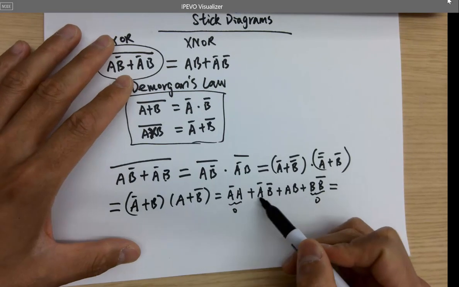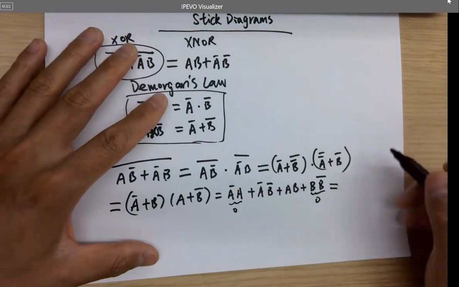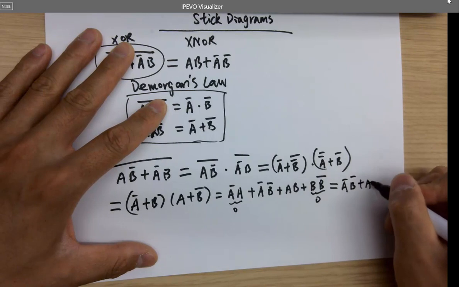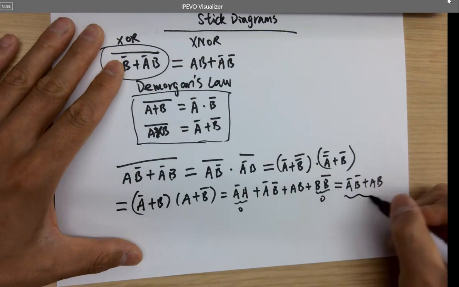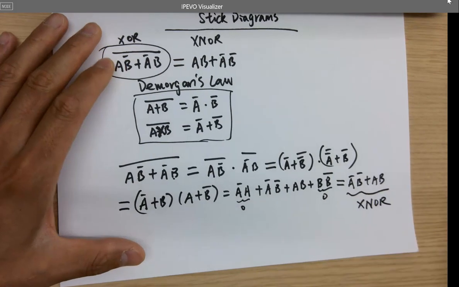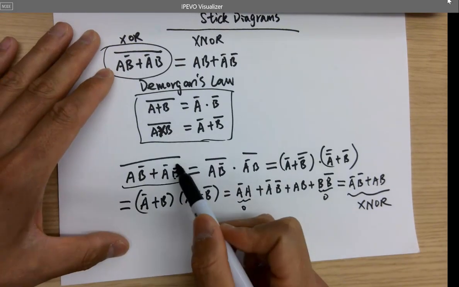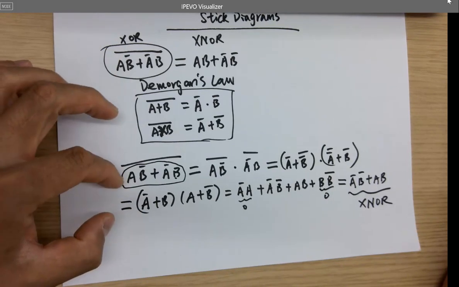So 0 or this, you can directly just remove 0. It's not affecting anything. So eventually this equals A not B not or AB, which is exactly the XNOR logic. Because this is XOR, right? The inverse of XOR equals XNOR.